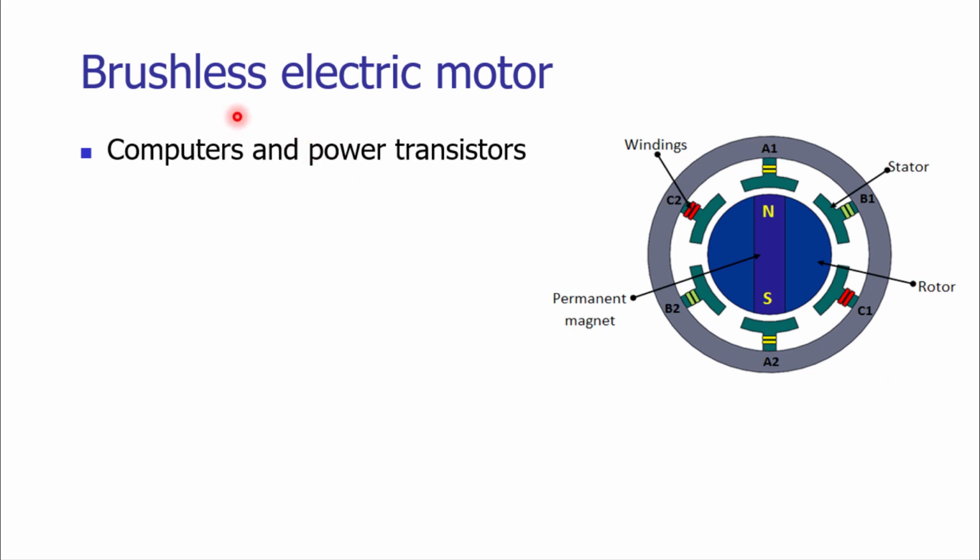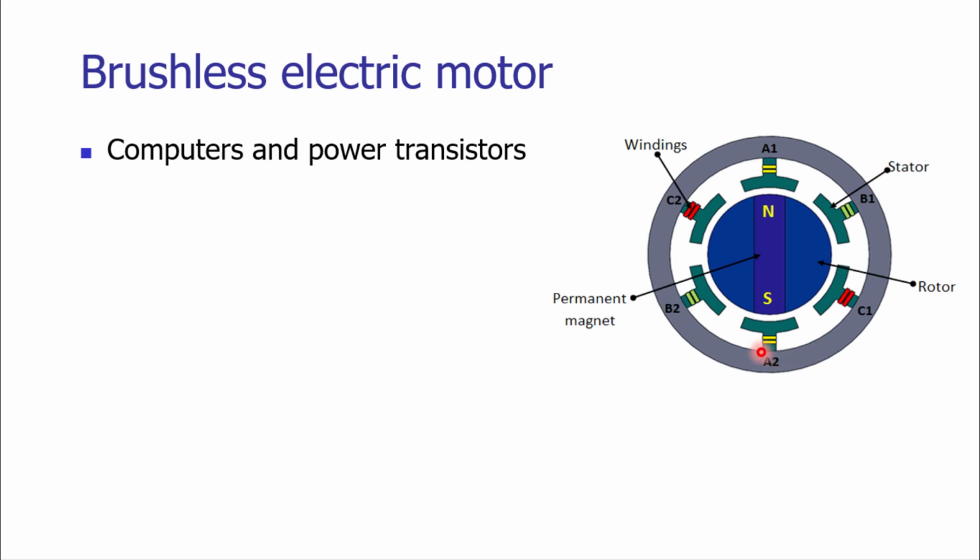In the brushless DC motor, we are changing the configuration. So instead of having a current carrying coil as the rotor, we are having a permanent magnet as the rotor. The motor has a shaft, and on the shaft we are attaching a permanent magnet. This shaft with the permanent magnet is kept inside the container, and on the periphery of this circular container there is a set of electromagnets.